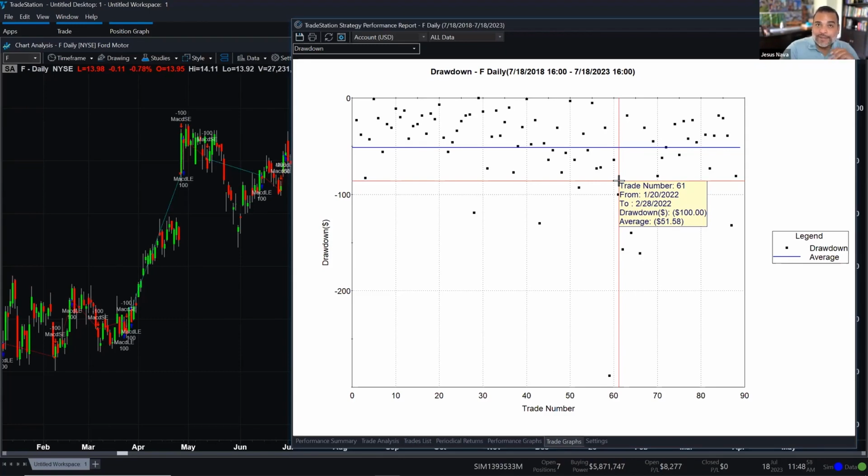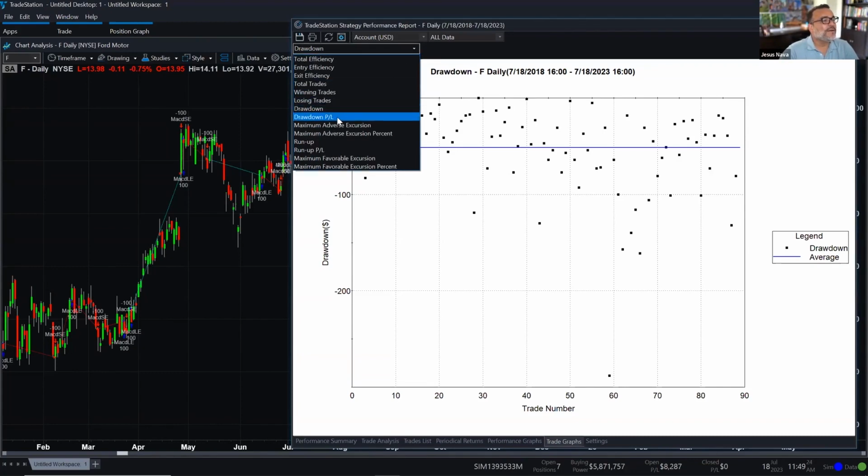And if you had that $100 stop, it would have taken your trade out and not given the trade enough time to reach its maximum capacity, which it did. Eventually it made $454. So a lot of times you think about this and say, this is where I would have avoided a stop loss of 100, because it would have affected the outcome of this trade. Let's take a look at another graph, the drawdown P&L.